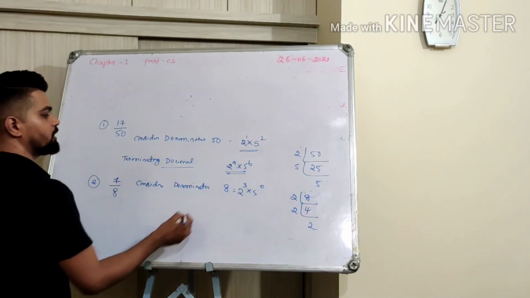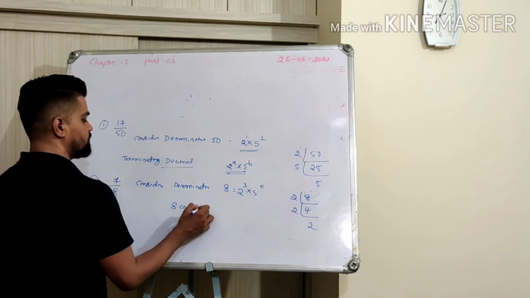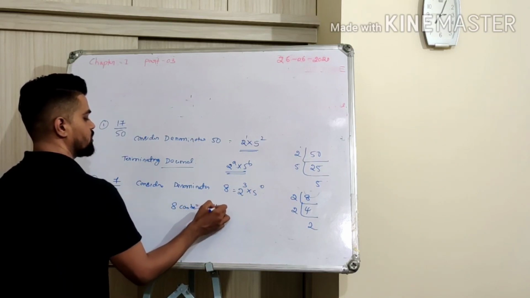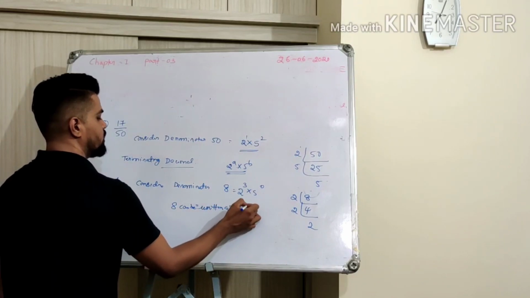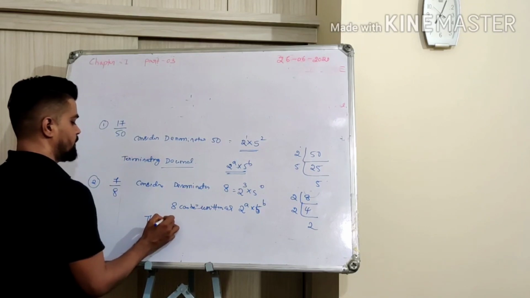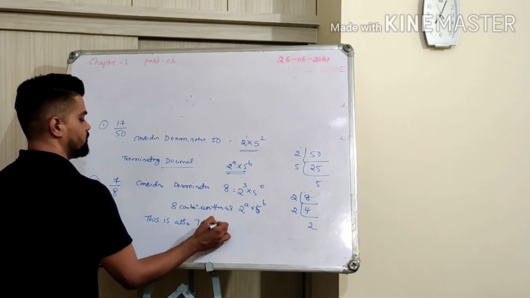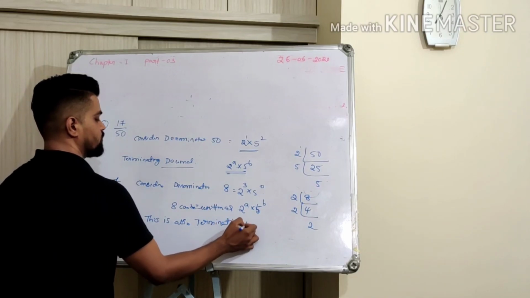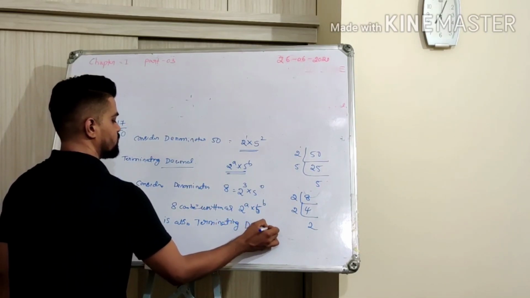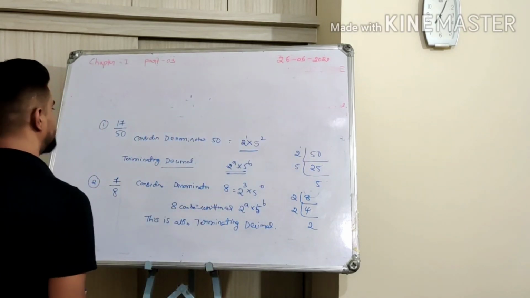So this can be written in terms of 2 and 5 again. So as 8 can be written as 2 power a into 5 power b. So this is also what? This is also a terminating decimal. Okay, so getting it? Yes.